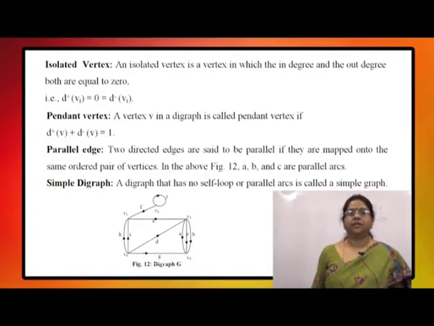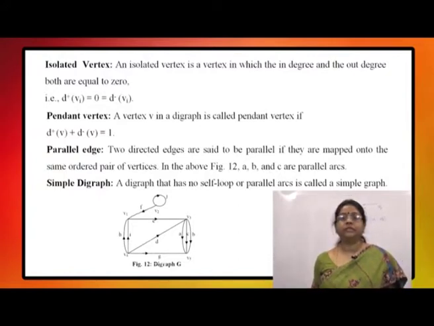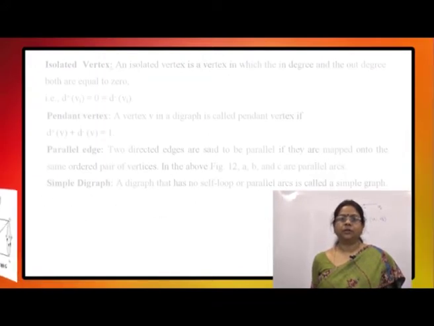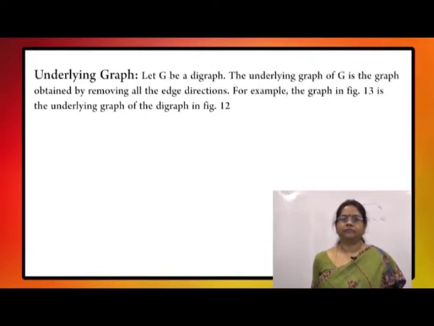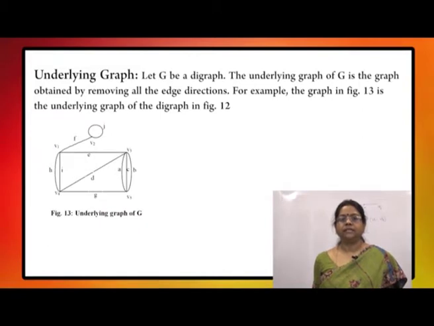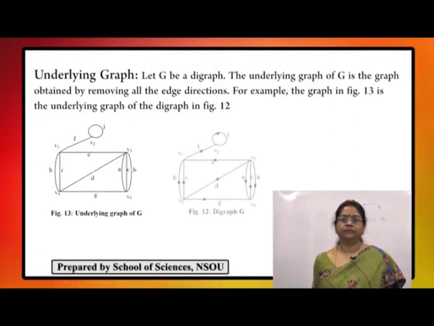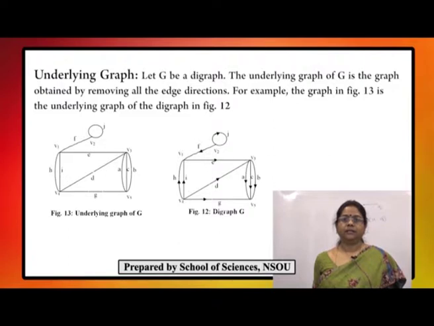And if we remove the directions of all the edges from a digraph, we will get an undirected graph, which is called the underlying graph. Here in figure 13, we see the underlying graph of G shown in the figure 12.